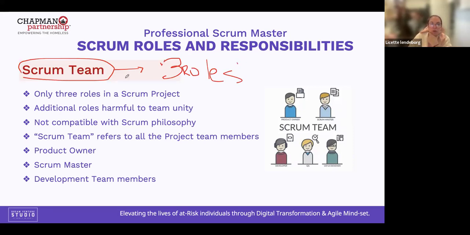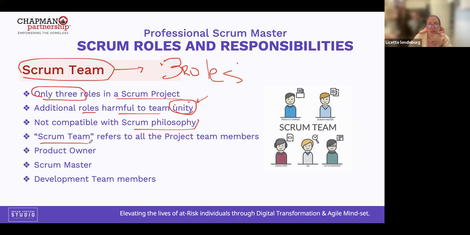So we have the 3 roles, only 3 in the Scrum project. Additional roles are not allowed in the Scrum team. Why? Because it's going to affect the unity and the integrity of the team, right? This is not aligned to the Scrum philosophy.